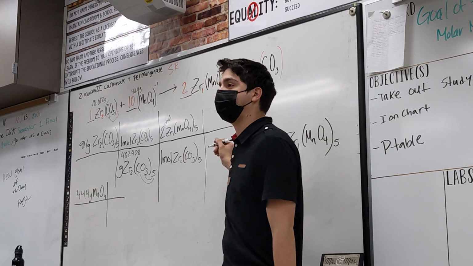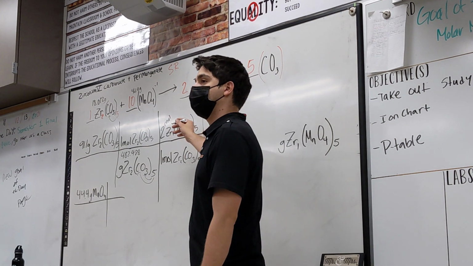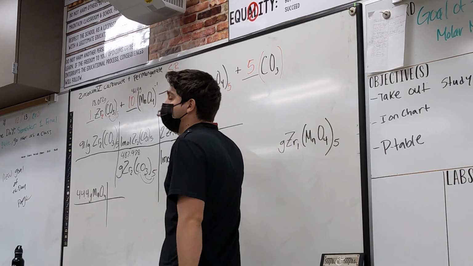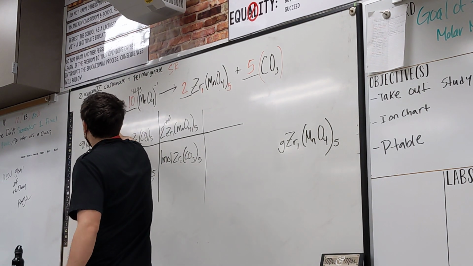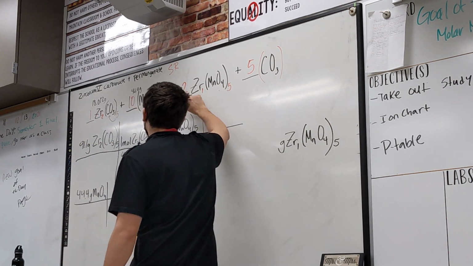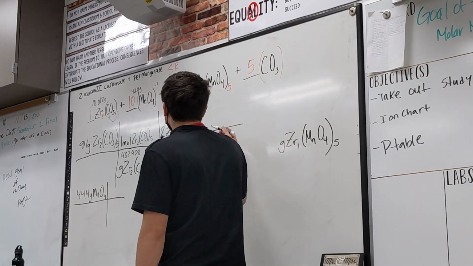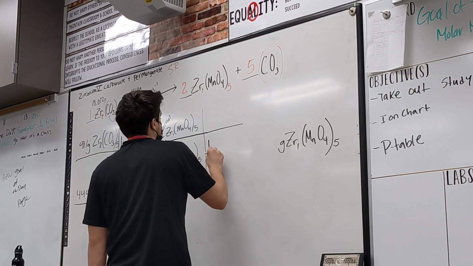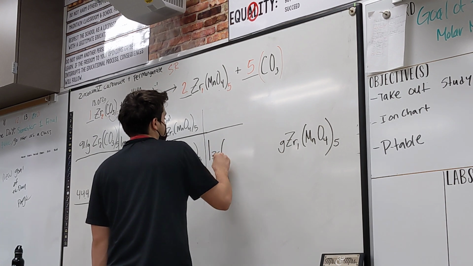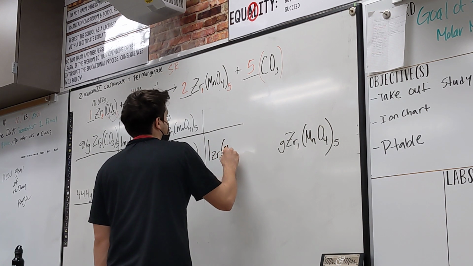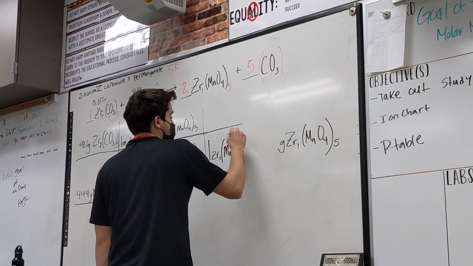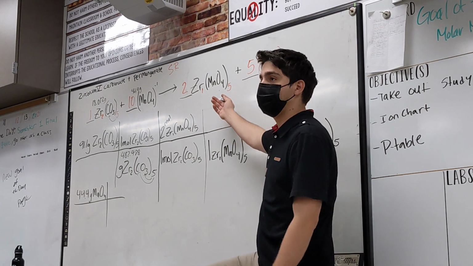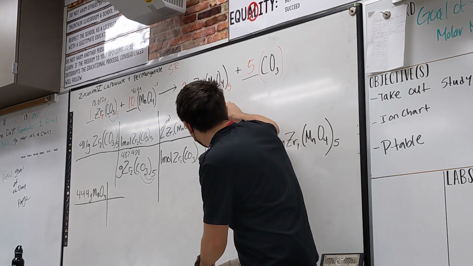Now what do we put here, directly across? The same thing always. You always go from grams to moles, moles to moles, and then moles to grams. So for every 1 mole of ZR 1 MnO4 5, you're going to turn that into grams of what?